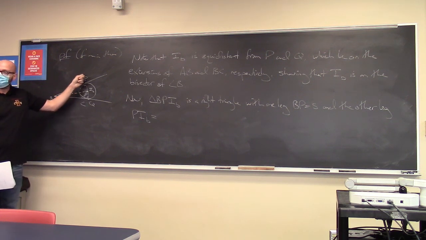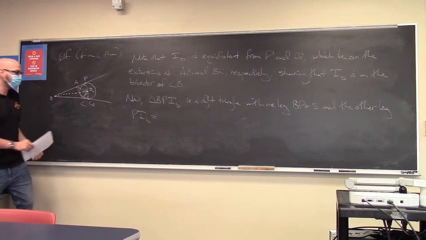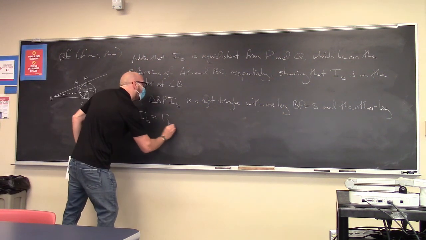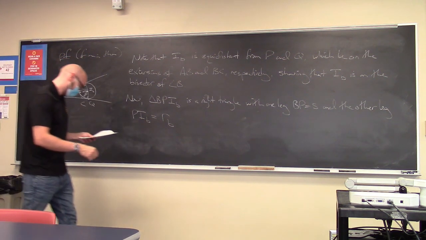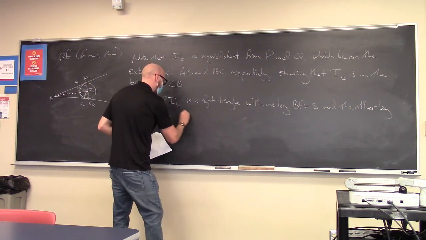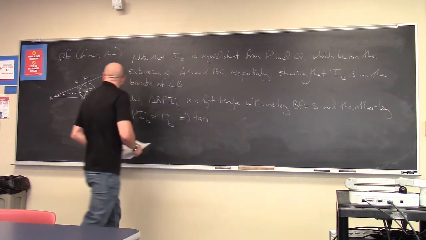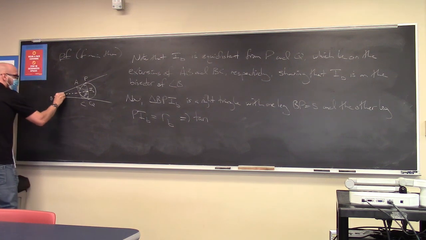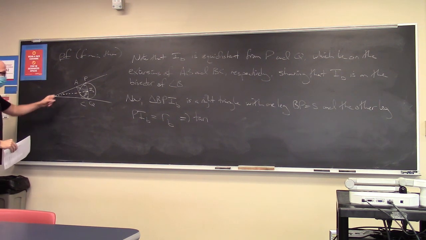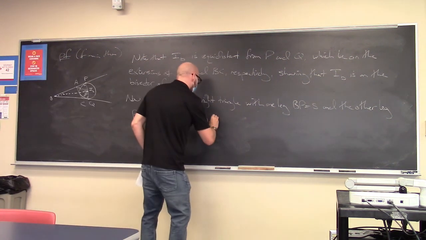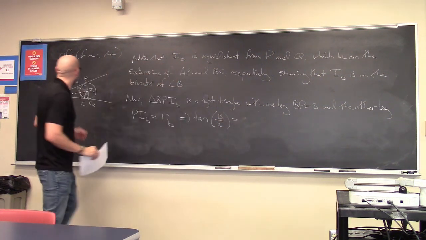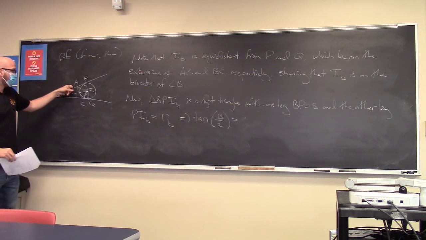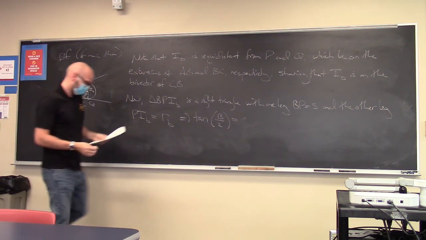Well, that's just the radius of the excircle opposite angle B. So this would be the radius of that excircle, little r sub B. So looking at just this angle, doing a little bit of triangle trig, tangent of this angle, which is B over 2 because it's an angle bisector, tangent of B over 2 would be opposite over adjacent, right? So it should be r sub B over S.